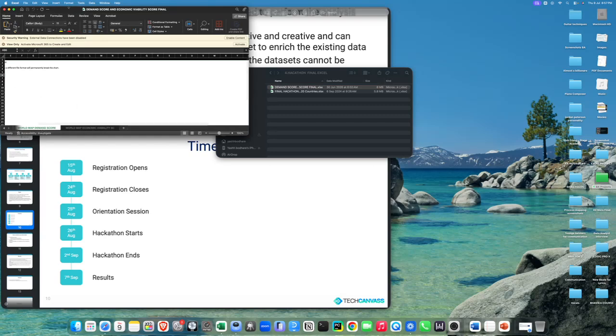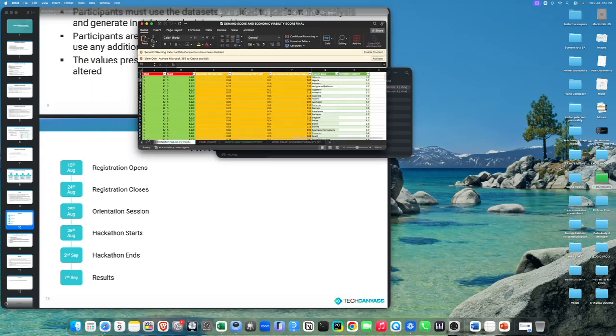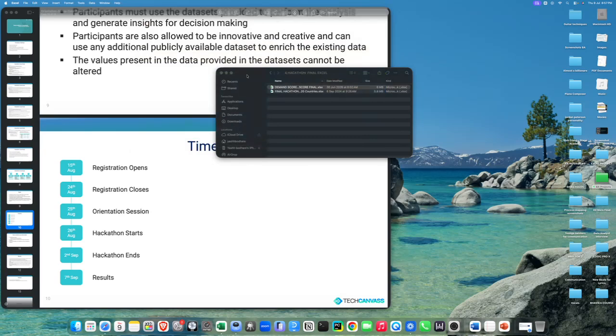We'll do that in some time, and I'll show you exactly how I did it, how I calculated, and how I got the three countries which are economically viable and demand driven for Global MedHealth. So we'll go on that journey.